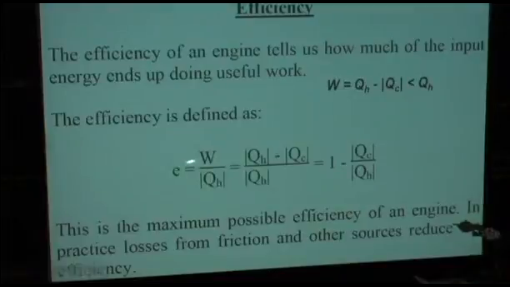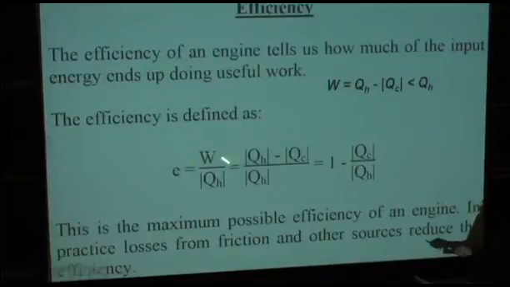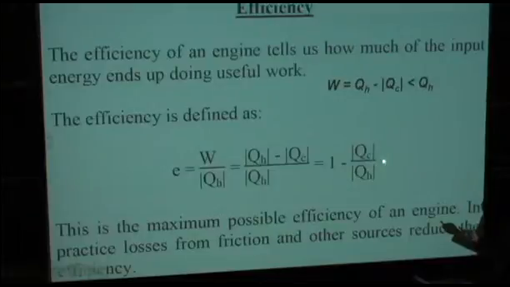So we use this fraction as a measure of the efficiency of this engine. This is the official definition of the efficiency. Normally we would multiply by 100% just to make the number nicer. Any engine, of course, has efficiency less than 100%. We can calculate it differently, like this, like this, like this.